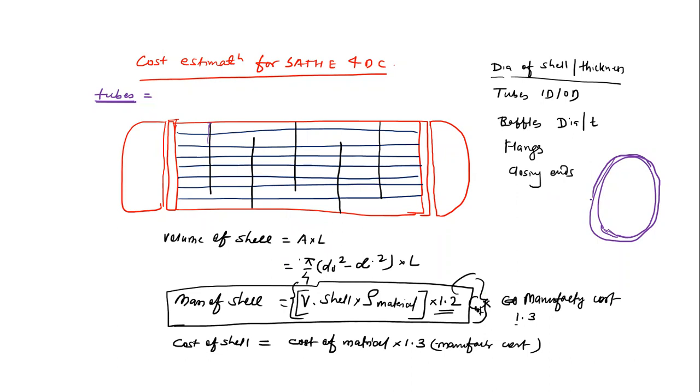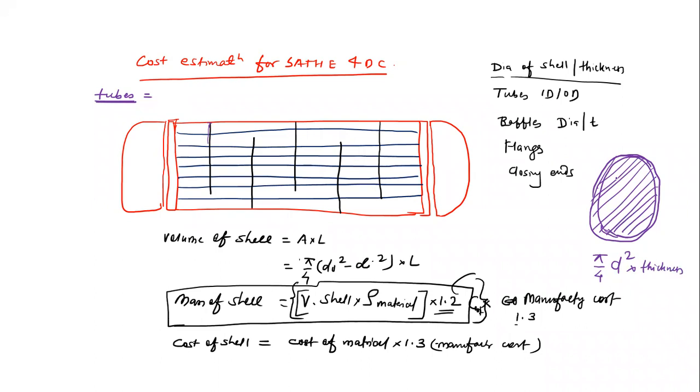Now this is not hollow, this is an actual plate. So it would be pi by 4 d square, outer diameter of this, into a length which would be the thickness.